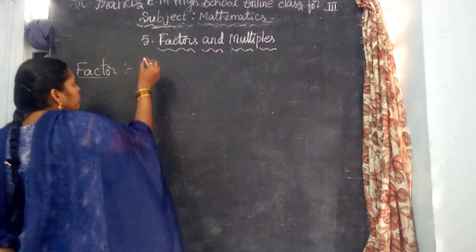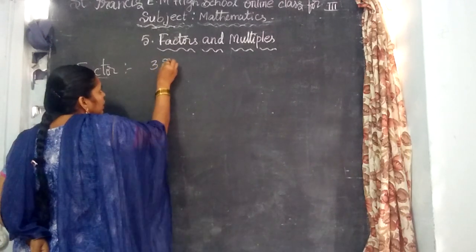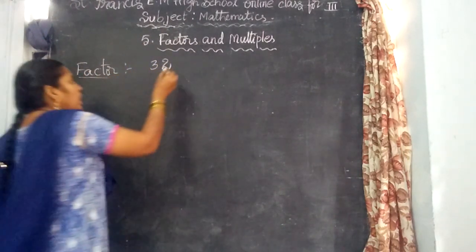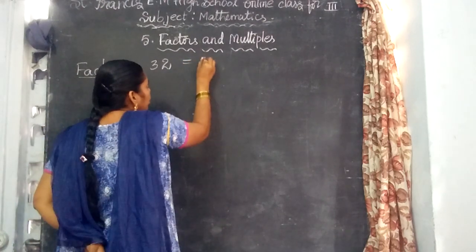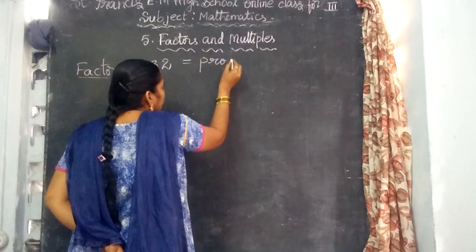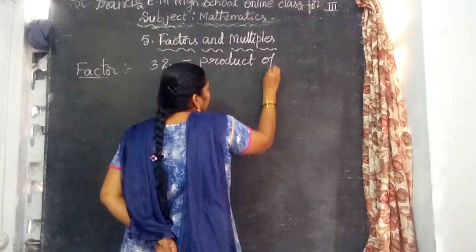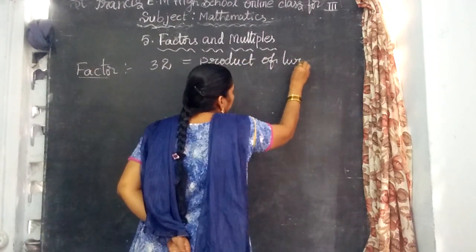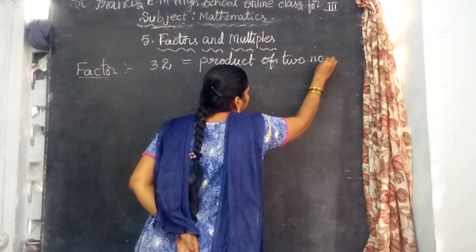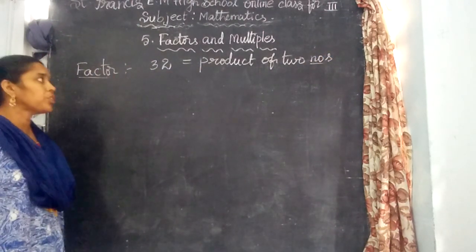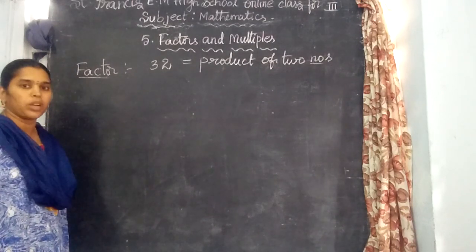For example, take 32. Write it as the product of two numbers.